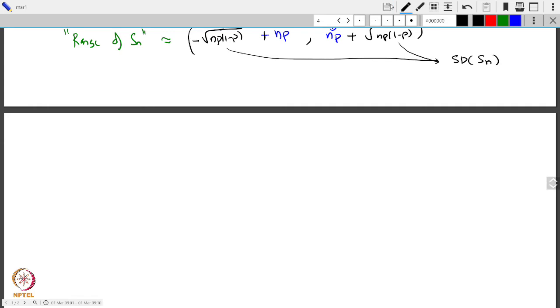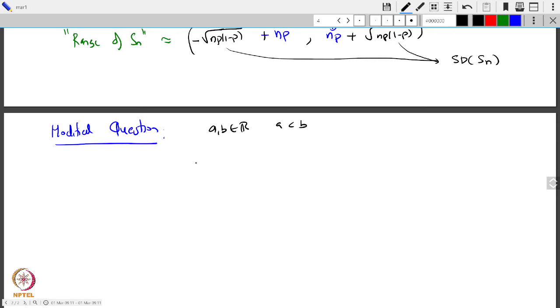So here's a modified question. That's our gut feel that Sn is going to be centered around np and revolving around the square root. So you take an A and B in R, A less than B.